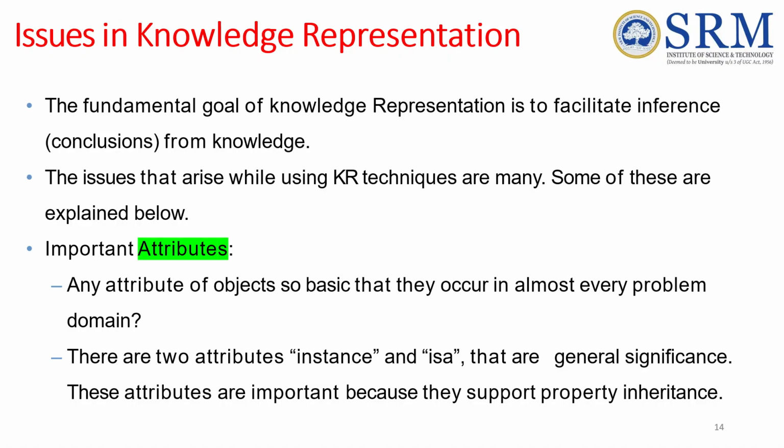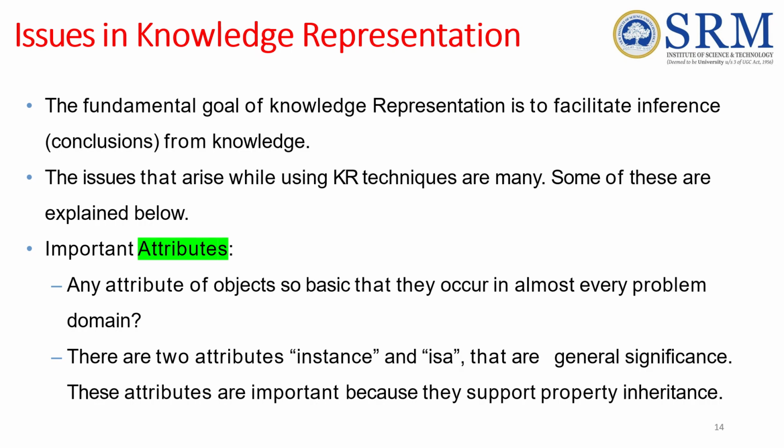So this is about it, and the last point is property inheritance. The importance of instance and the ISA relationship is mainly property inheritance. It means the lower level classes and the instances automatically receive the properties of the higher level class. So dog can inherit: can move, needs food.